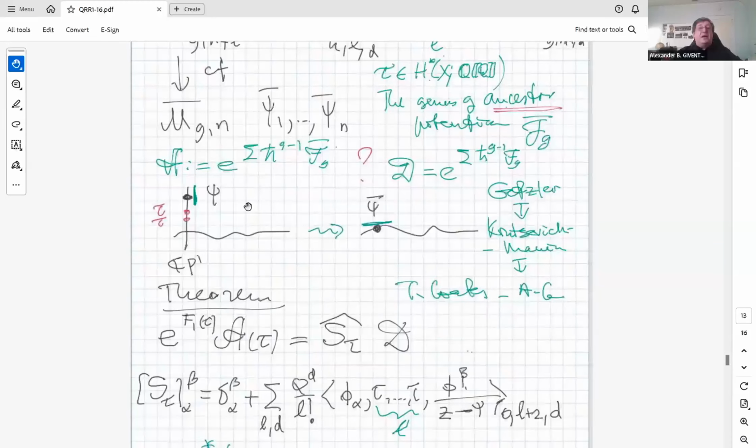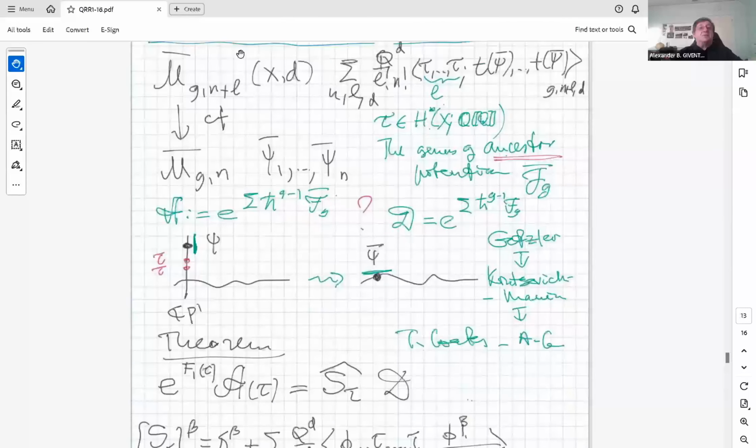Let's see why these psi's and psi bars are not the same thing. So here is a picture. This is a codimension 1 phenomenon that happens in this moduli space.